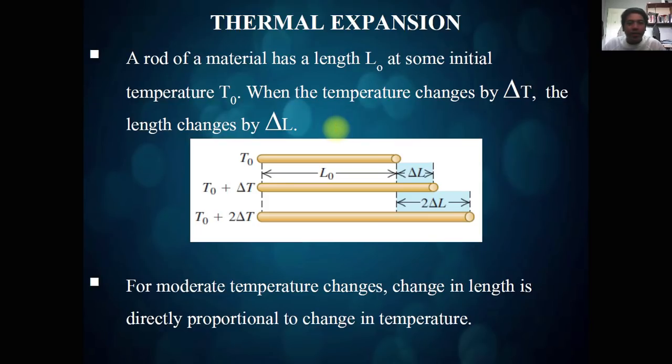So we have here the thermal expansion. A rod of material has a length of, let's say, L naught, the initial length, at some initial temperature T sub 0.